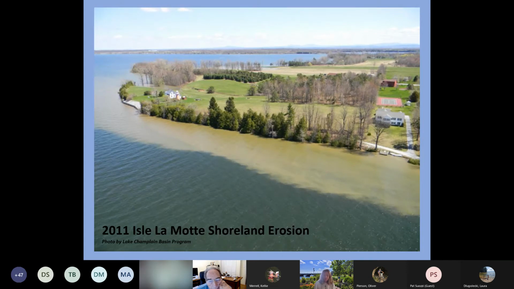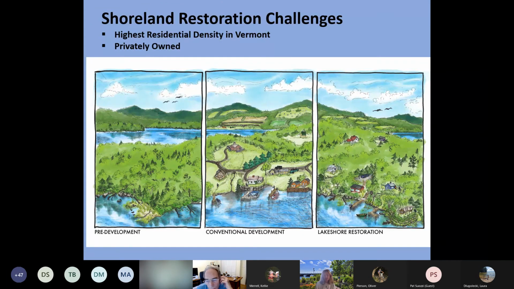The challenge is how to go from the highest residential density in Vermont, 2.5 times higher than downtown Burlington or Rutland or anywhere else in the state, along our shorelands, with excessive clearing and the more conventional style of development, which wasn't known for lake-friendly practices.